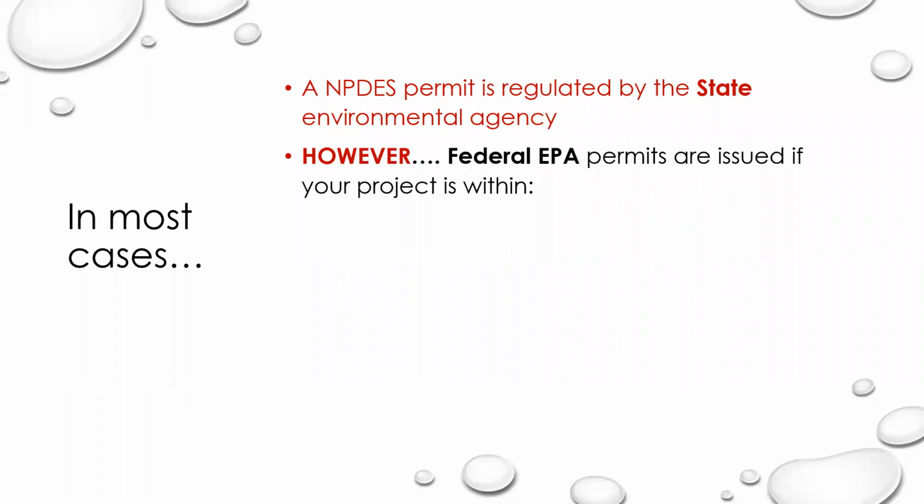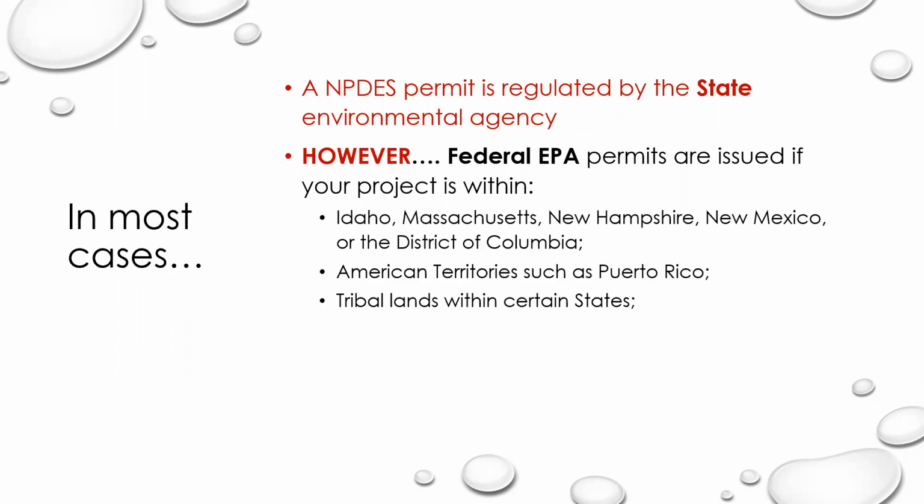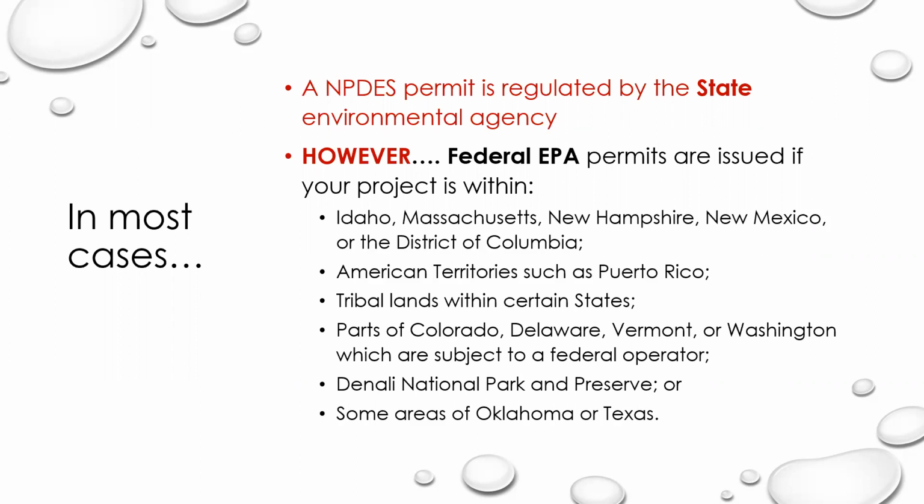However, the federal EPA does give permits for projects within these states: Washington, D.C., American territories such as Puerto Rico, any tribal lands within states, and some tribal lands will manage their own, so that's important to know as well. Some parts of some states, the Denali National Park and Preserve in Alaska, and some areas in Oklahoma and Texas. So these are going to be the federally operated ones. The rest are going to be covered by the state environmental agency.